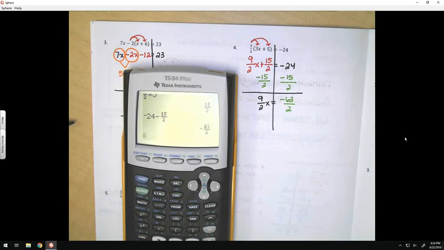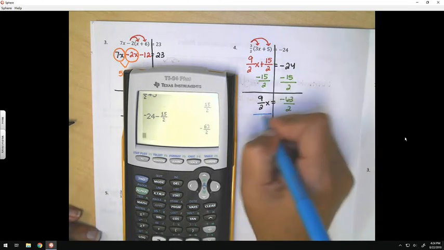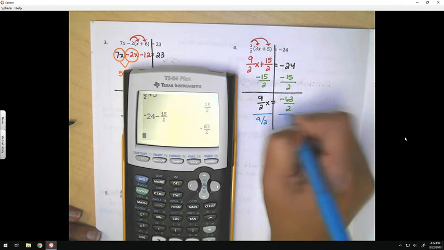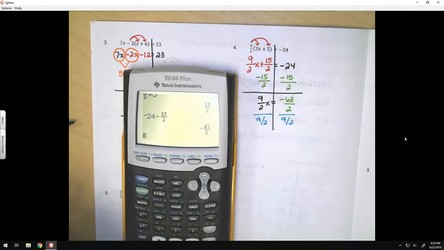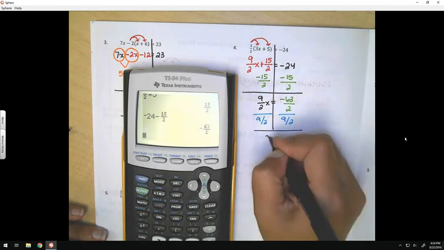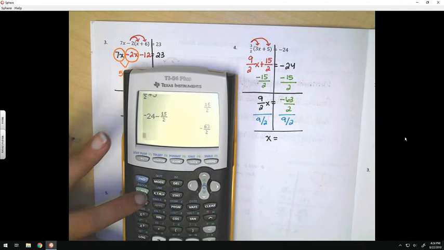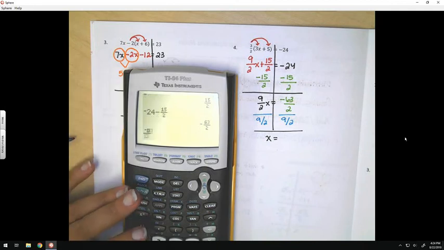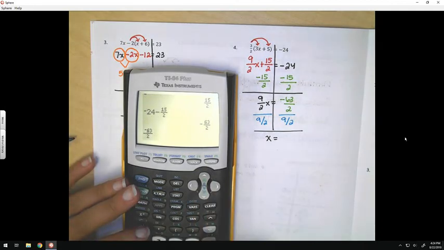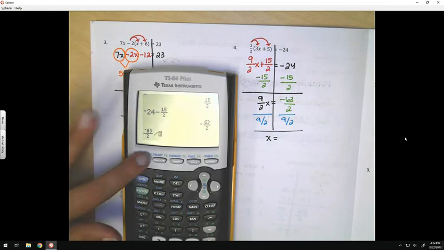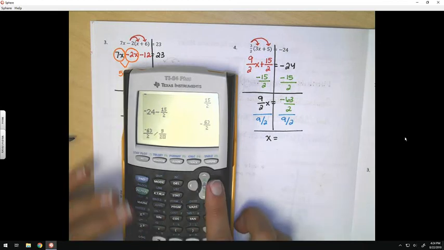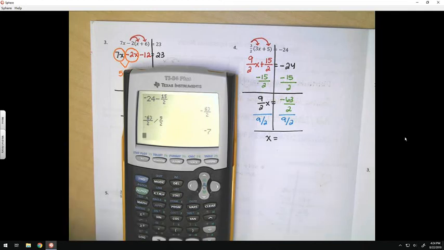And then finally, I'm going to divide by 9 over 2 on both sides because division is the inverse of multiplication. And I would get x equals, now on my calculator, I'm going to type in alpha y equals negative 63 over 2 divided by alpha y equals 9 over 2, and I should get negative 7.